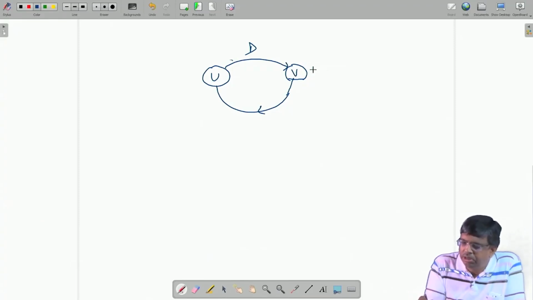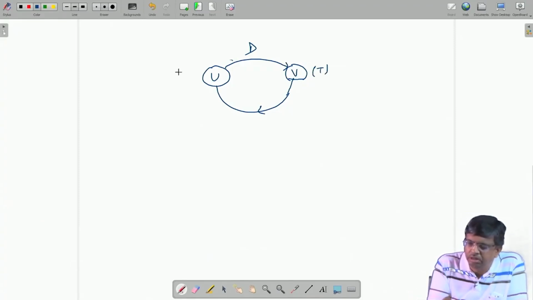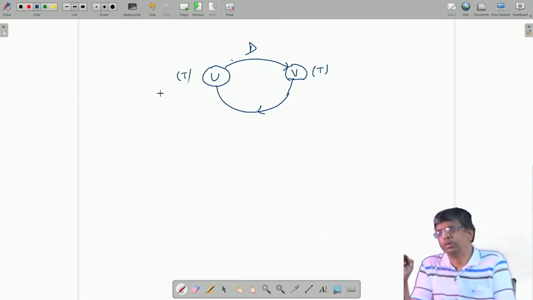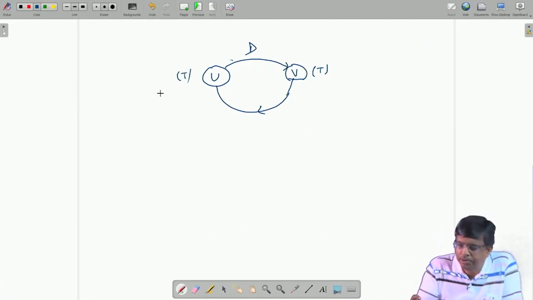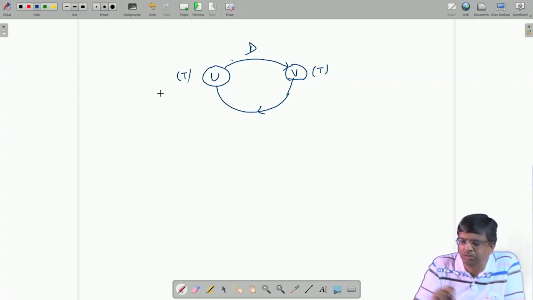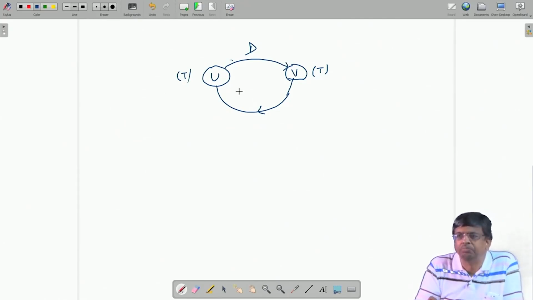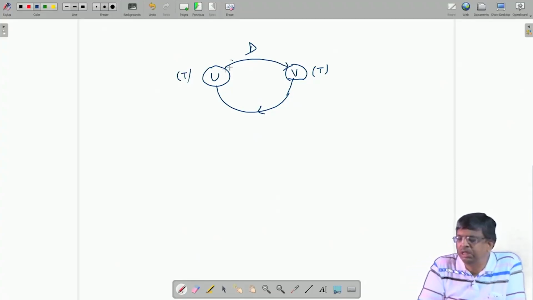And this is taking time say t, this is taking time say t, this is taking time t. So, now I become greedy like before, I break it into two sub nodes t by 2, t by 2. Okay. No, fine. So, now let us see the critical path here first. This path, this edge, if you forget the lower edge, just take the upper edge, there is a delay separating u and v.